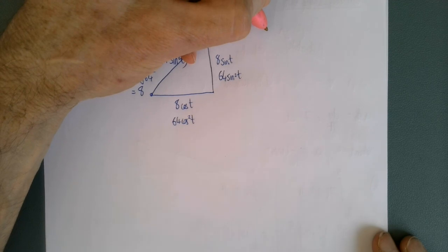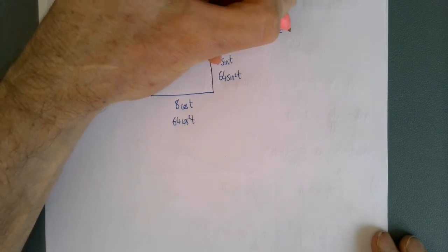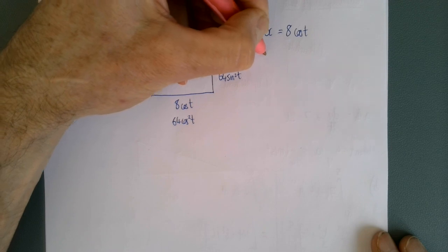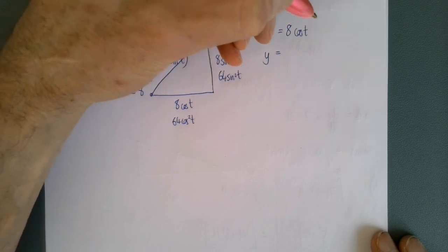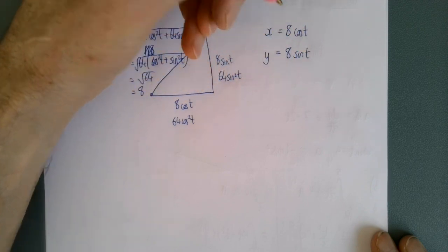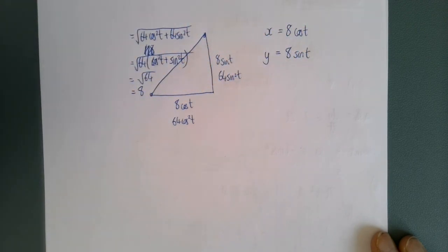So if instead this was described using parametrics, and you remember when you're trying to turn a parametric into a Cartesian and it involves trig, you need to pick an identity.